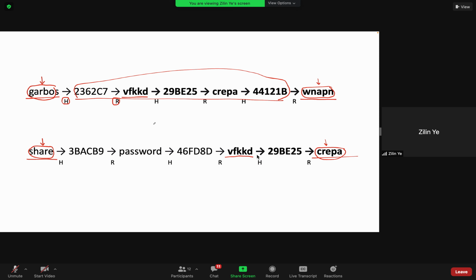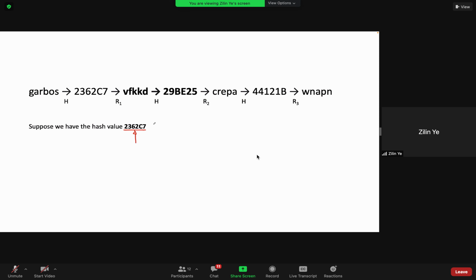But when I'm taking this idea to the rainbow table, I don't exactly know which iteration caused this hash value. So searching for this hash value among all the entries in our database is a different problem. We cannot just reuse the same idea, just reduce.